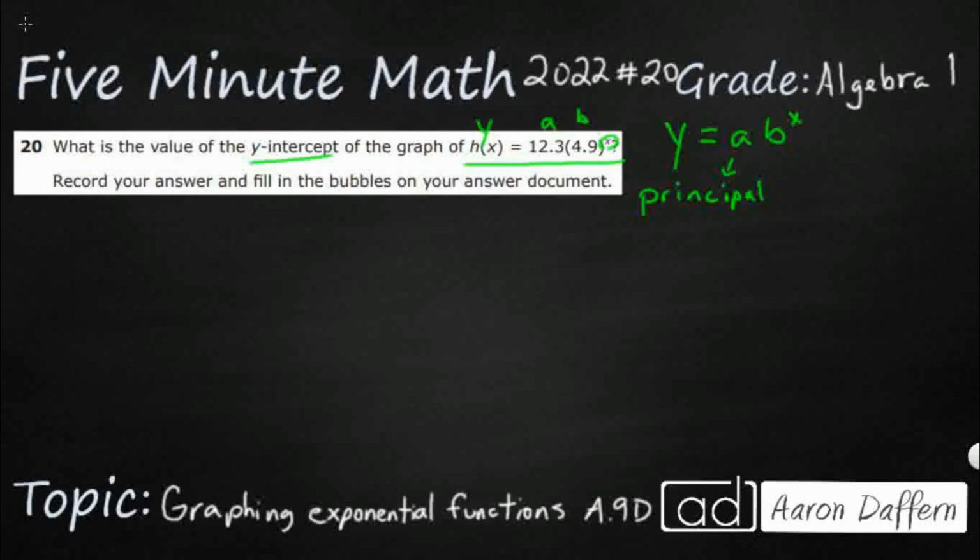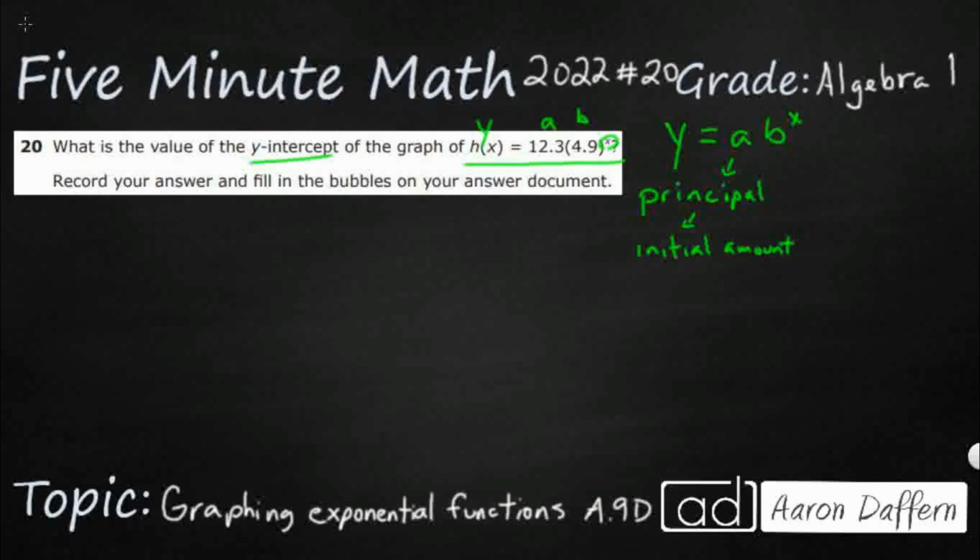A lot of times we'll get word problems dealing with population growth, bacterial decay, something like that, and it will always give you an initial amount. How much are you starting with? And then what is the rate at which it's growing or decaying? And then over how many years or weeks or months? But you need that initial amount.